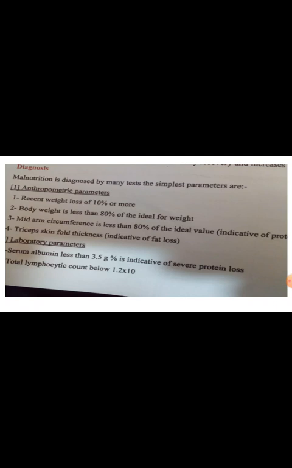Serum albumin less than 3.5 grams is indicative of severe protein loss, but it's not a good indicator. Serum albumin is not a good indicator for malnutrition because serum albumin has a long half-life, about 14 days. So the pre-albumin level is the most important, more than the serum albumin level.